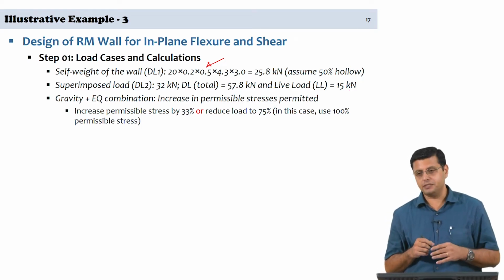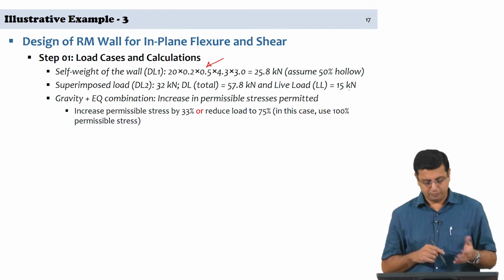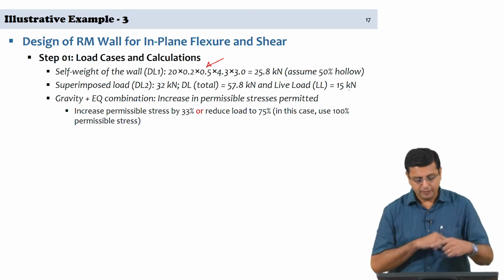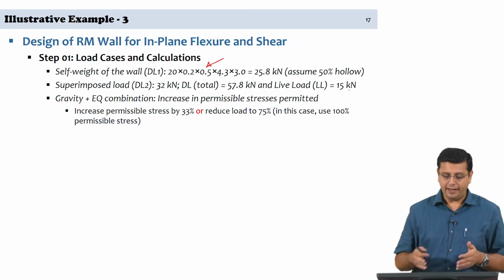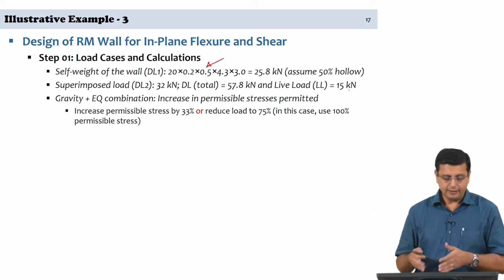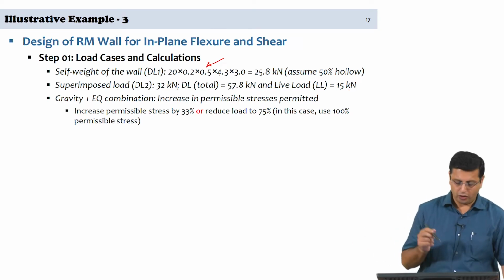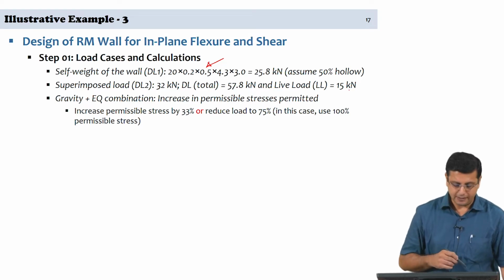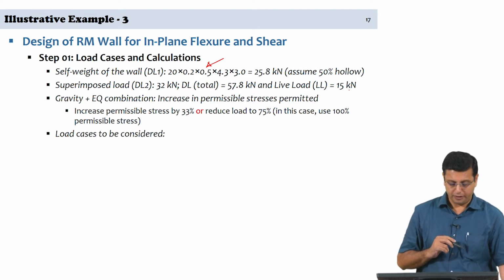Either you increase the permissible stresses in your calculations by 33% in these earthquake plus gravity load combinations, or you have the possibility of taking that to the other side of the equation and reducing your loads to 75% and continuing to use 100% of the permissible stress, not 133%. That is more convenient to do, because you can uniformly apply this to all your loads and load cases, including the combinations. So, we will reduce the load to 75% in our calculations to account for the increase in permissible stresses which is permitted due to the combination.